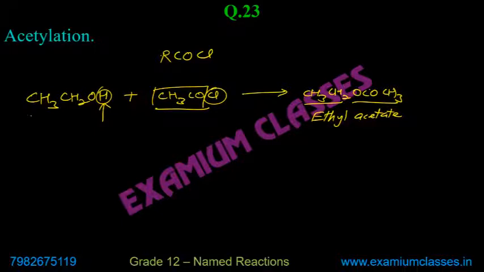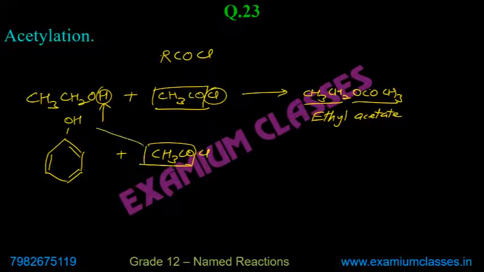So the OH group, whether it is aliphatic or, as I said, the phenolic group also, will replace the hydrogen. Even if it is like this, it will replace the hydrogen and produce, O was already there, hydrogen will be replaced by COCH3.